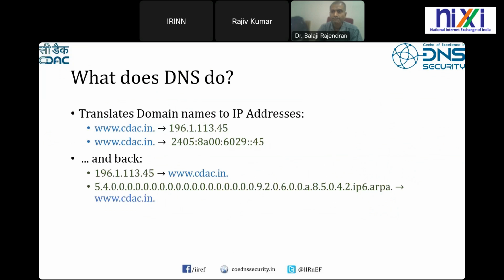So what DNS is going to do is translate the domain name to IP addresses. That's what we are going to try to refocus on. It can be an IPv4 address or an IPv6 address. And most of you would also know that it can do the reverse translation, that is, from an IP address back to a domain name, and likewise from an IPv6 address to a domain name.